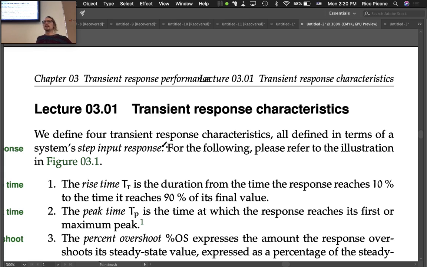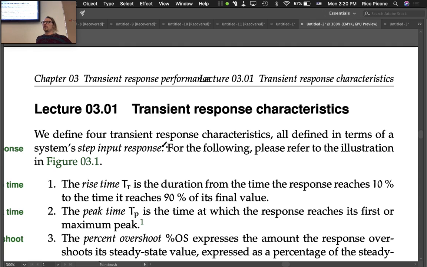So what we think of is the input is 0, and then when the time goes from negative time to 0, we step up to a single, 1 unit of whatever input we've got. And so that's the unit step function.